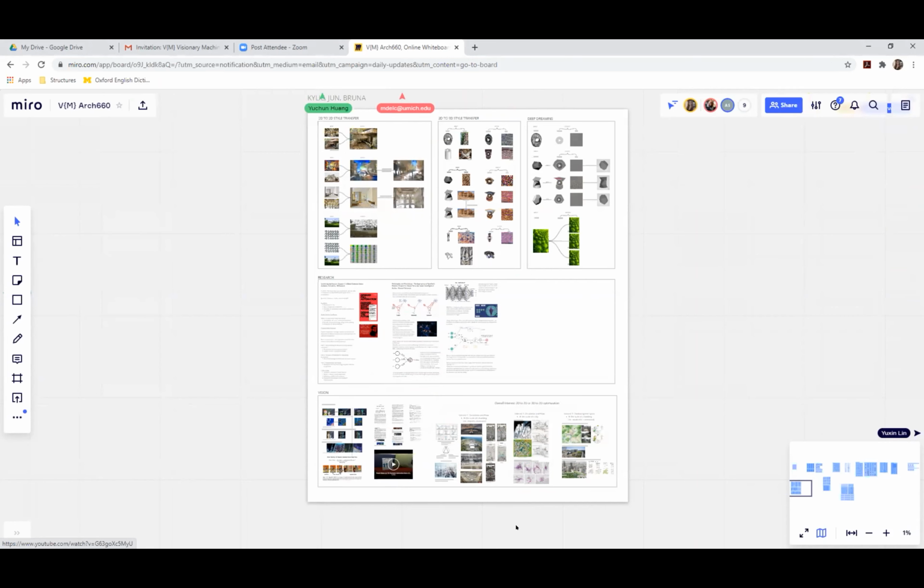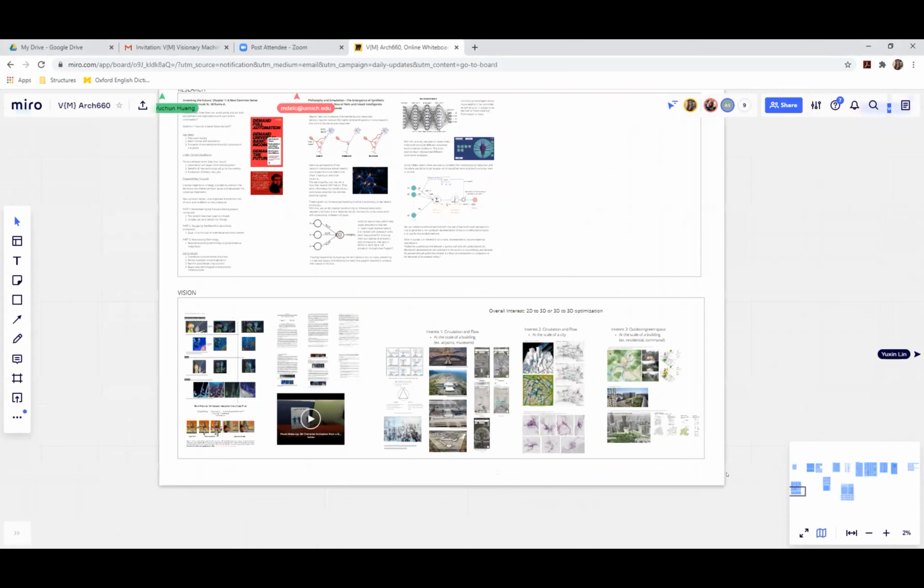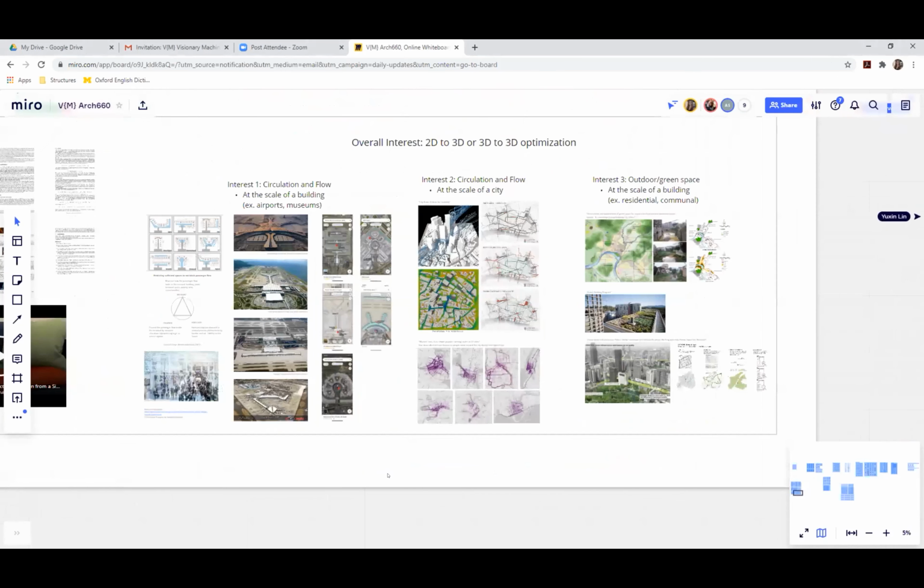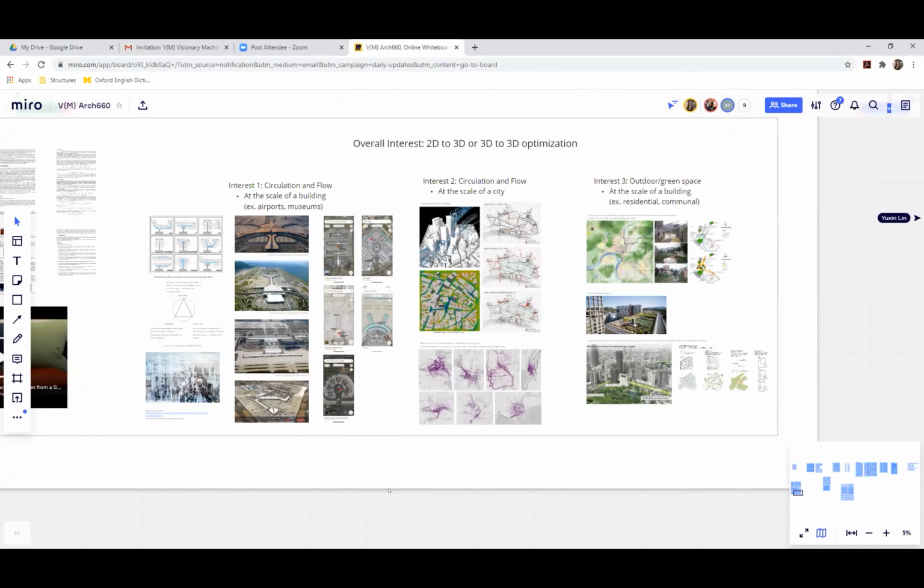Honestly, I could imagine that when it comes to circulation, for example, that is a very interesting field, because you could probably study various precedents or cases. You can study how people move, or how swarms behave, and try to learn and extract features.